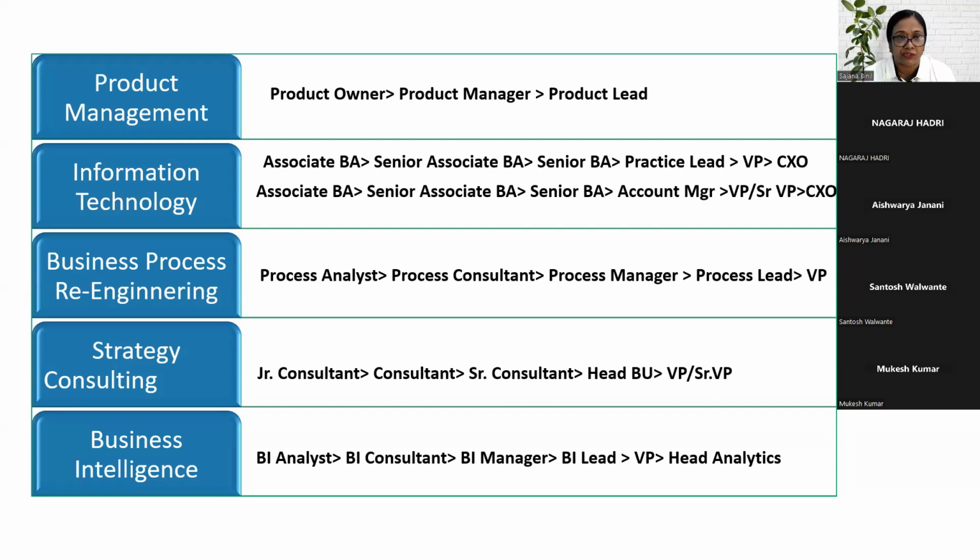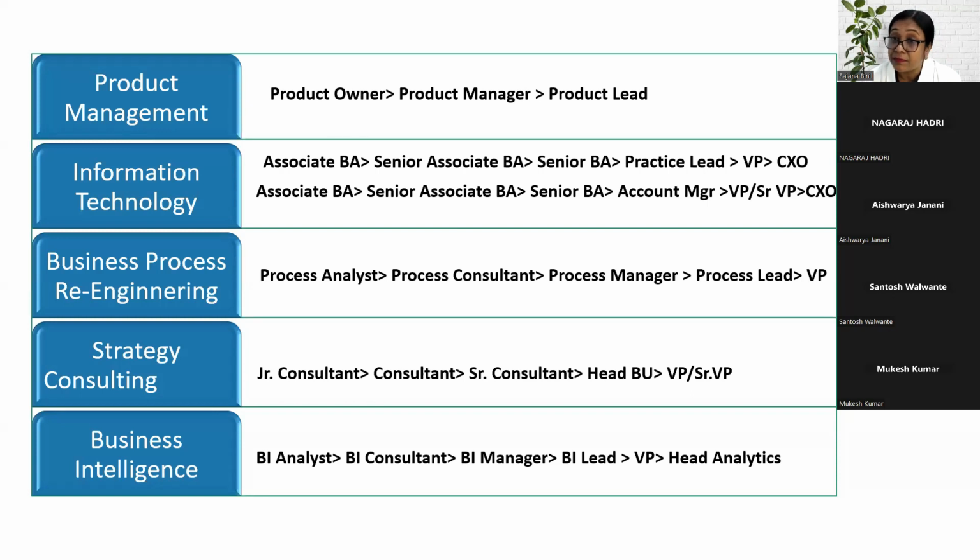Sorry for the interruption. So, strategy consulting. Many of you are interested in becoming consultants or advisors. This is another area that you can explore. You can join as a junior consultant, then move into consultant and senior consultant kinds of roles.